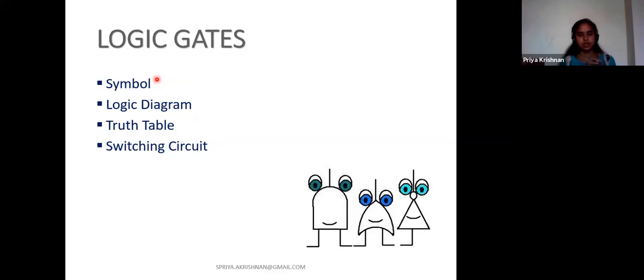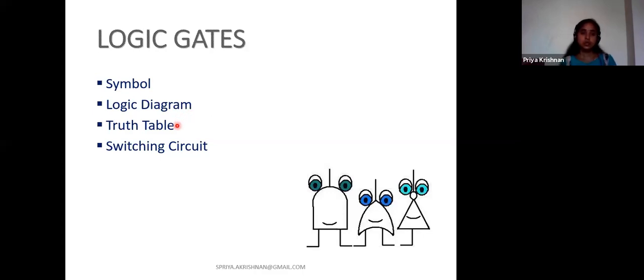You can see so many signs on the roads, for U-turn, for zebra crossing. All those signs we call here symbols. So how I can represent a gate is called its symbol. And then the logic diagram. Here we won't call it a circuit diagram. We will call all the digital circuits logic diagrams.